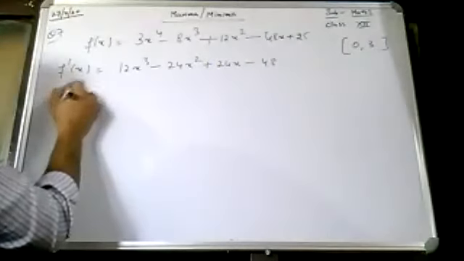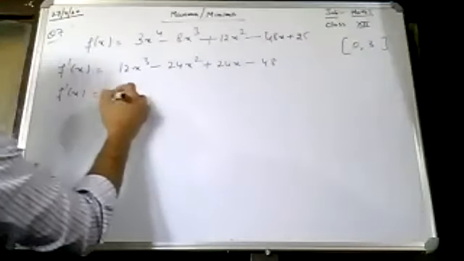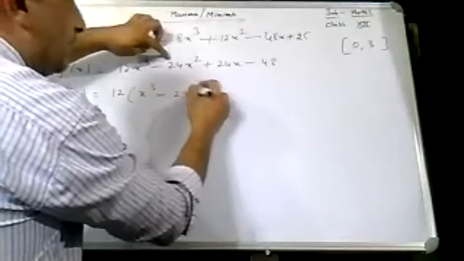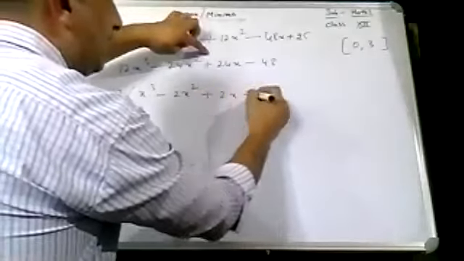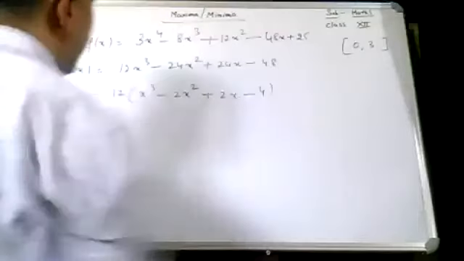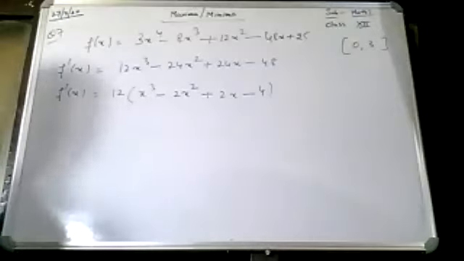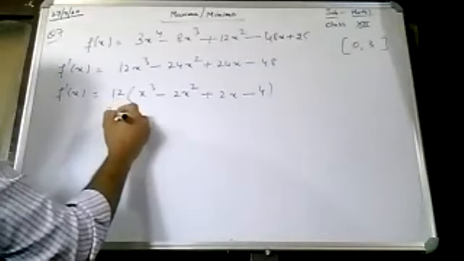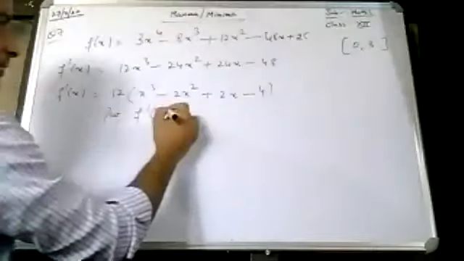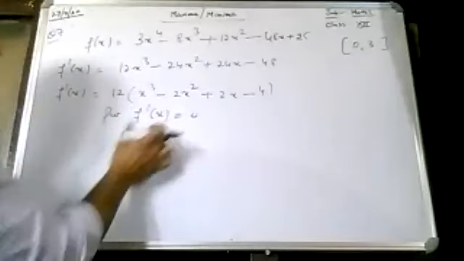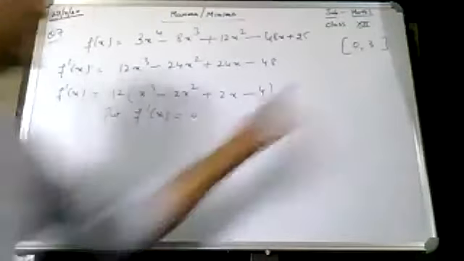So f dash x is equal to 12 common निकालो, x cube minus 2x square plus 2x minus 4. Okay. So now next step is equate f dash x is equal to 0. Why? For maxima or minima. From here you will get a point belonging to the interval. Then in totality you are having 3 points. दो दिए हुए हैं, एक और find out करना है.